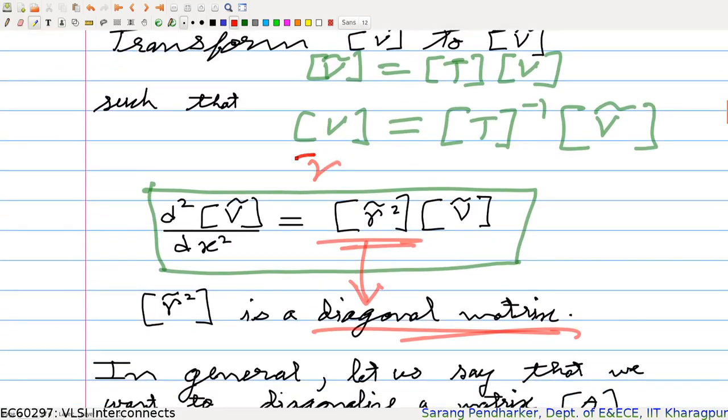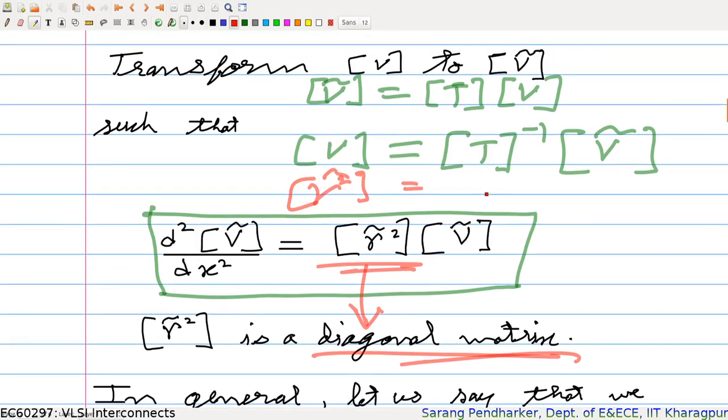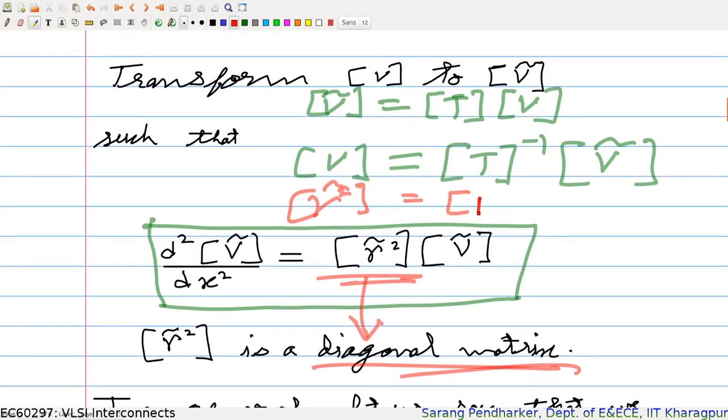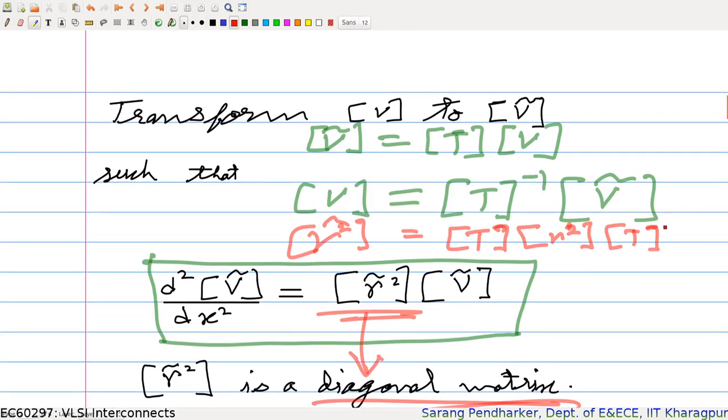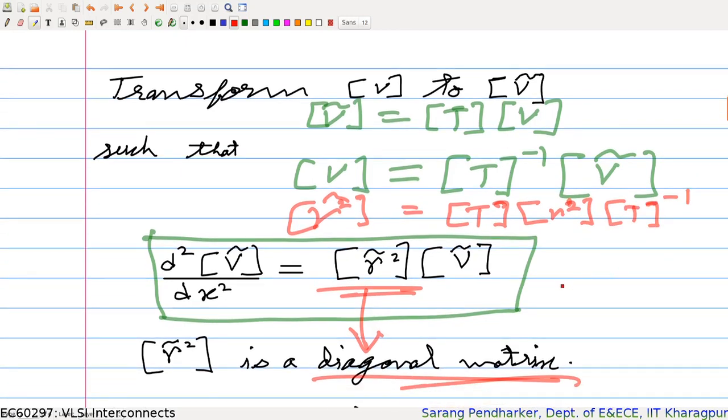I can write my gamma tilde square as T into gamma square into T inverse.